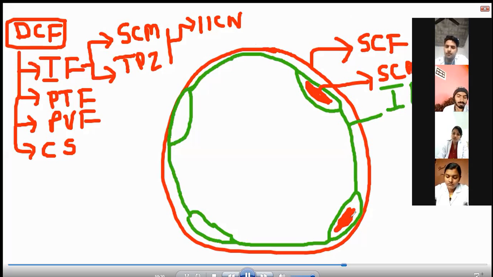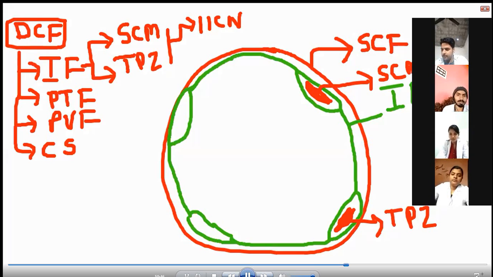What is the name of this muscle? Trapezius muscle. Okay. So now it is easy for you to understand. Sternocleidomastoid muscle, trapezius muscle, they are covered by which fascia? Investing fascia. And this investing fascia is a layer of which fascia? Deep cervical fascia. Clear now everyone?